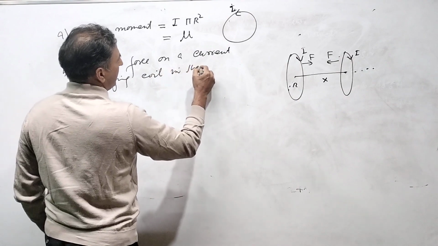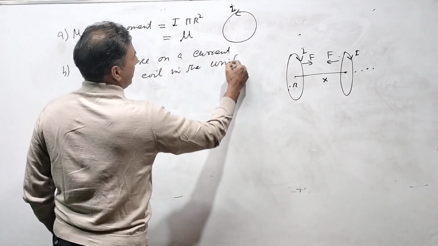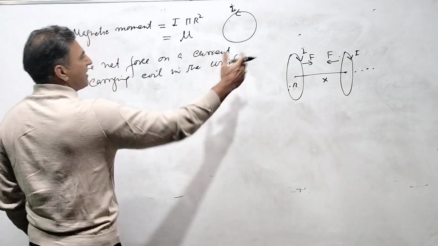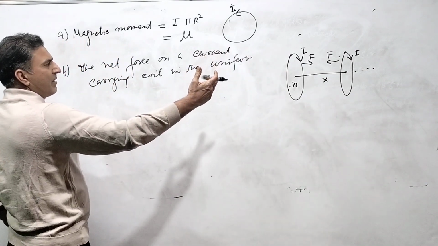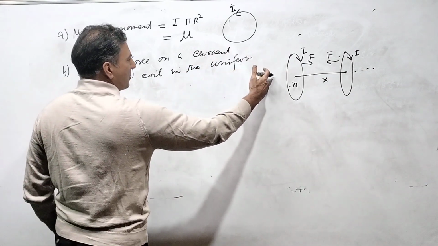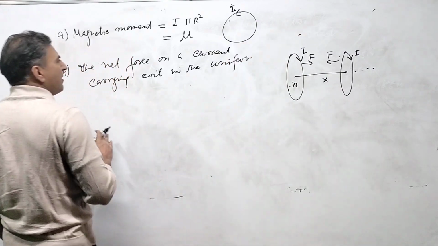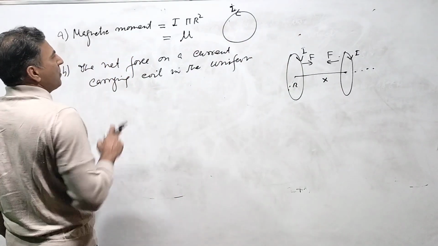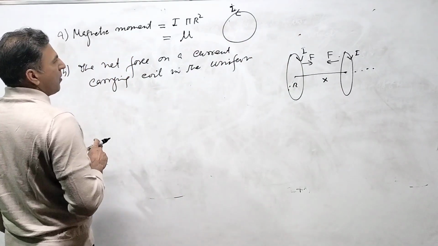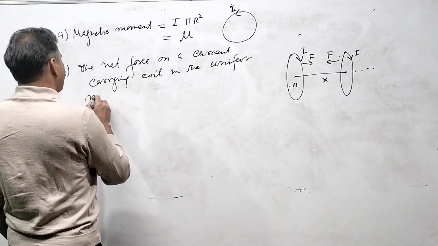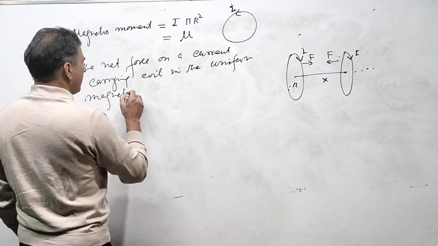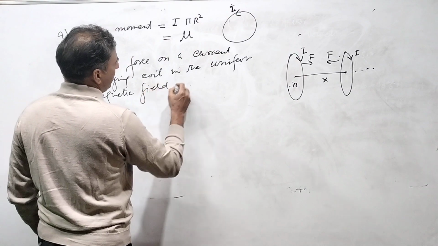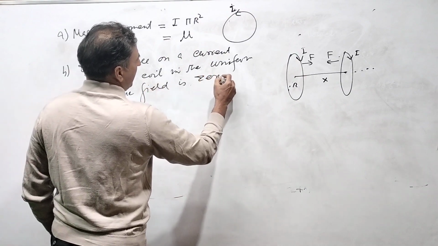Uniform means it has no space variation. It does not change from position to position. It is uniform all over the space. The net force on a current carrying coil in a uniform magnetic field is zero. That is the first thing.